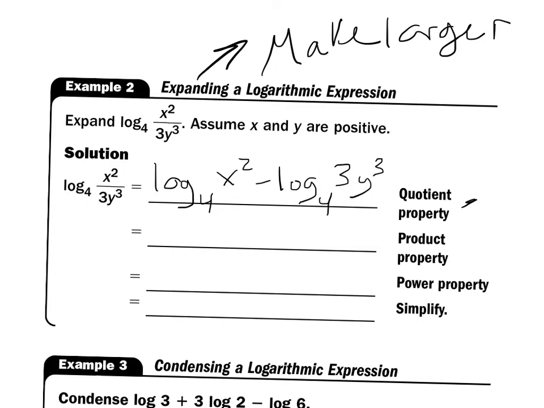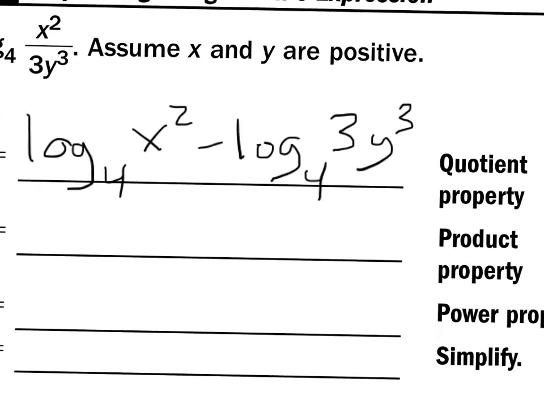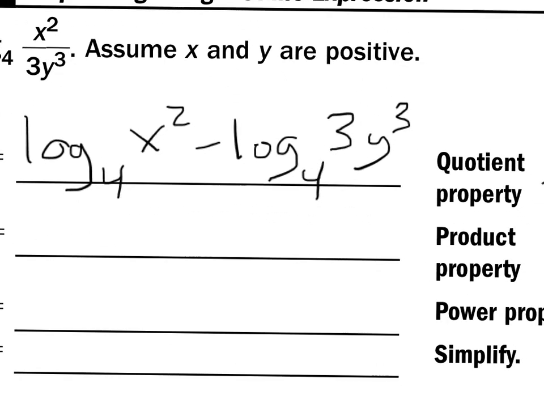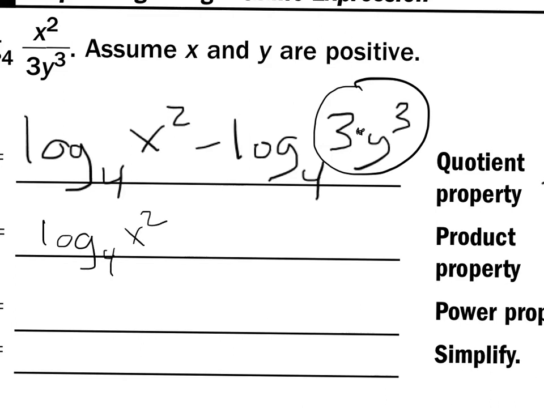Now, what would probably be a good idea next, before we do anything else, is you want to separate the product of 3 times the y cubed. So I'm going to rewrite log base 4 of x squared. There's nothing I'm going to do yet with that. We will get to that in a second. But I want to first separate this product of 3 times y cubed.